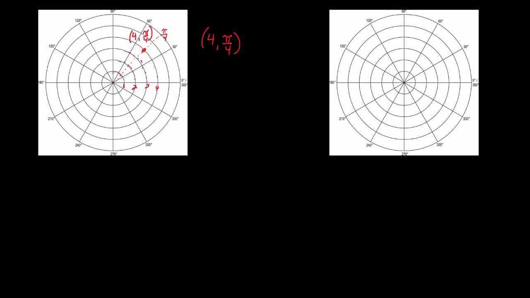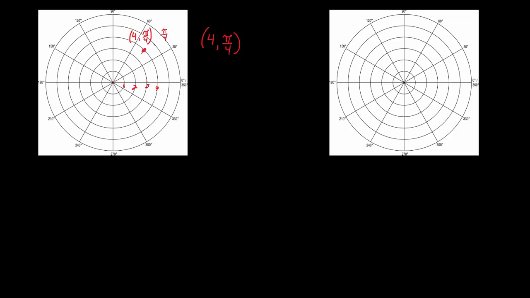So I'm just going to clean this up just to make this look a little bit better so we don't have any confusion on where this point is. But that's how I come up with it in my head, I count out the amount of circles. And the nice thing about these polar coordinates is that they're going to be consistent. So be cognizant that this is the point 4 comma pi over 4.